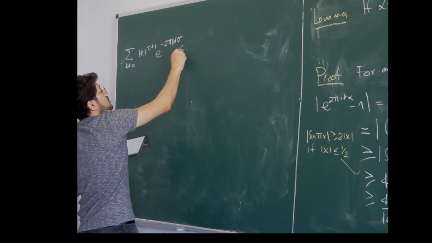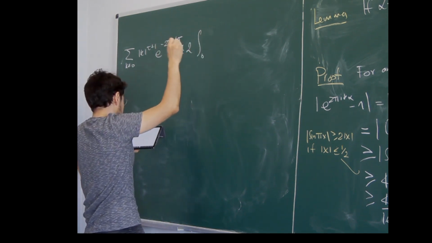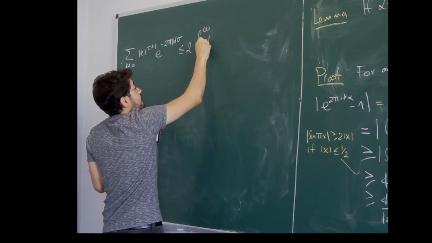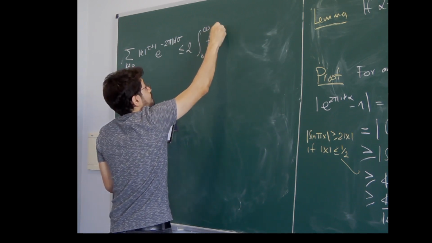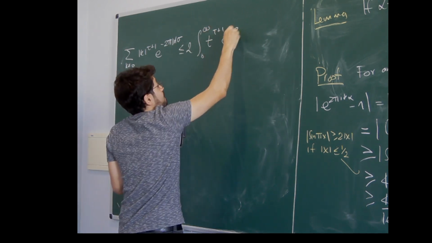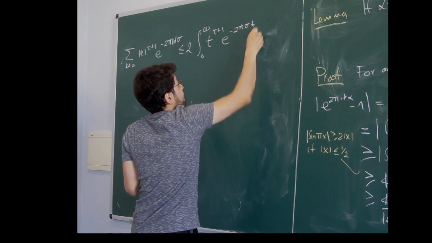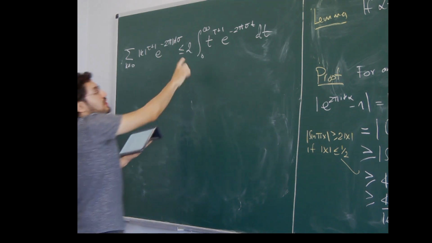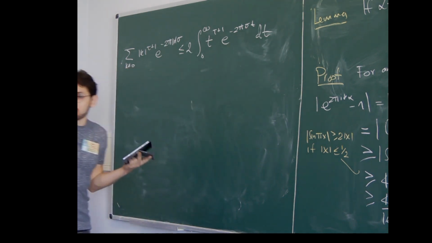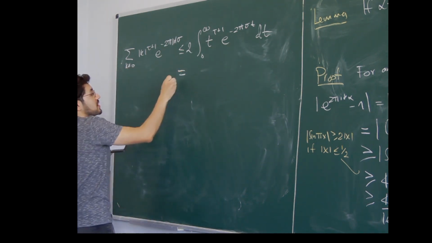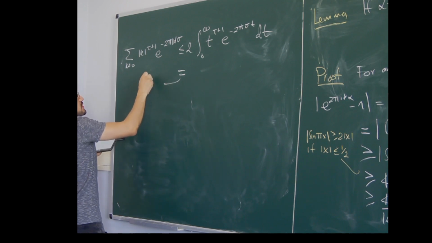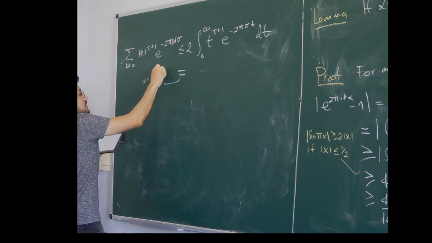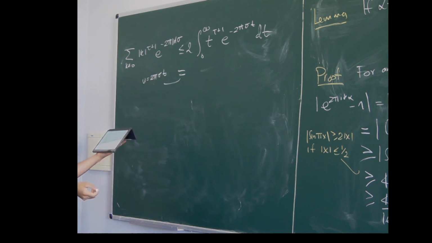So I will just compare this to 2 times this integral, and I will make explicit the dependence of this value on sigma by doing a change of variables. If I make u equal to 2 pi sigma t, then it turns out that you can write this.